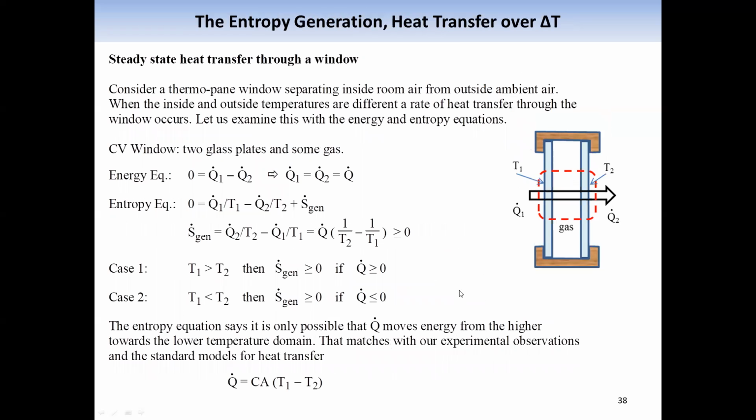And the irreversibility is a major source of the rate of entropy generation. Here is the first example. If we have a thermal pane window with two pieces of glass, and between the two glasses we have gas filled. Assuming it is summertime, the temperature outside the house is higher than the temperature inside the house.